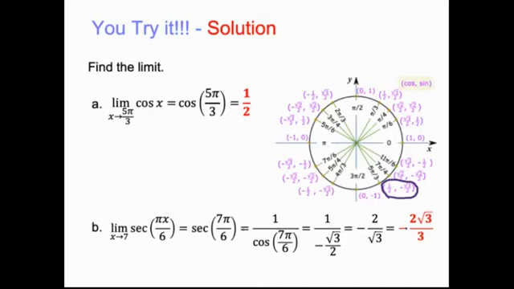And then cosine of 7 pi over 6, well, 7 pi over 6 is over in the third quadrant. And the cosine value is the x value, negative root 3 over 2. So we have 1 over negative root 3 over 2. And then we can just flip it. So we have negative 2 over root 3. And then by rationalizing the denominator, by multiplying root 3 on the top and the bottom, we get negative 2 root 3 over 3.